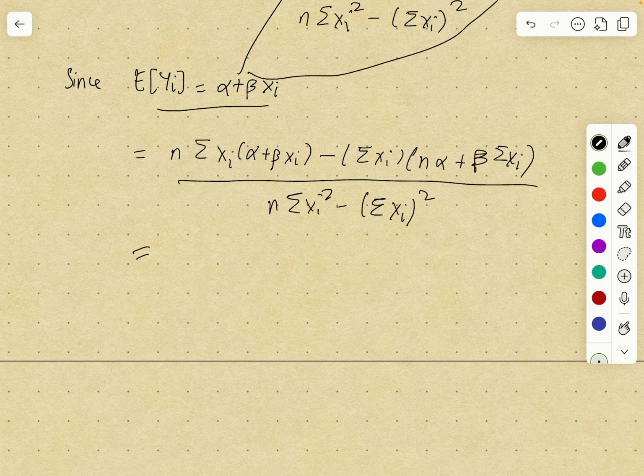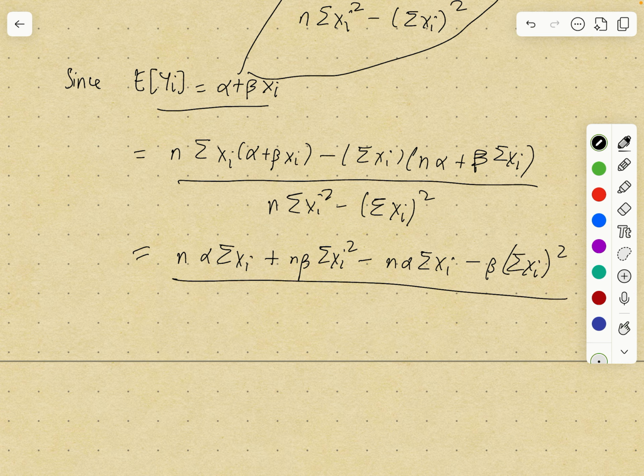Okay, now we can distribute the sum across. So you're going to get n times alpha times the sum of xi plus n beta times the sum of the xi squared, and then minus n alpha times the sum of the xi's minus beta times the sum of the xi's in parentheses squared, with the same denominator.